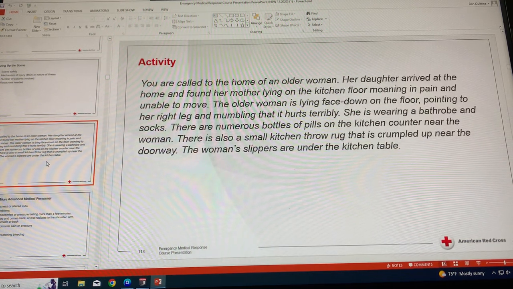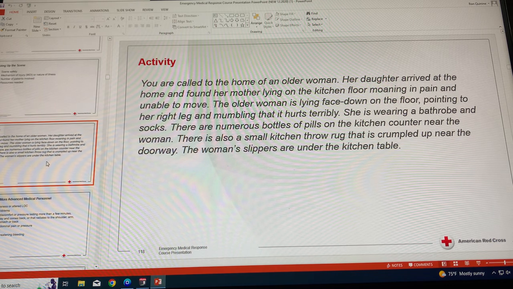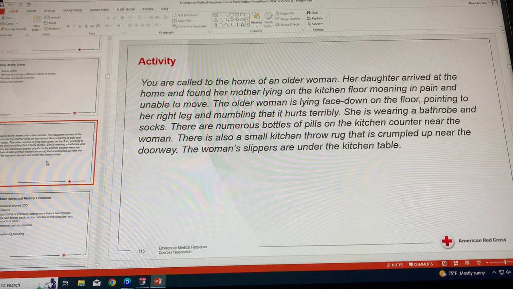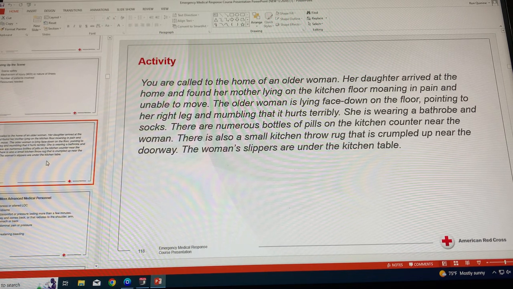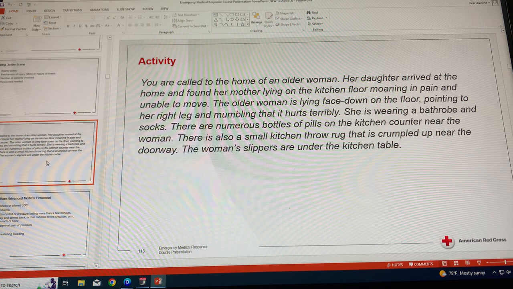Okay, here's an activity. You are called to the home of an older woman. Her daughter arrived at the home and found her mother lying on the kitchen floor, moaning in pain and unable to move. The older woman is lying face down on the floor, pointing to her right leg and mumbling that it hurts terribly. She is wearing a bathrobe and socks.